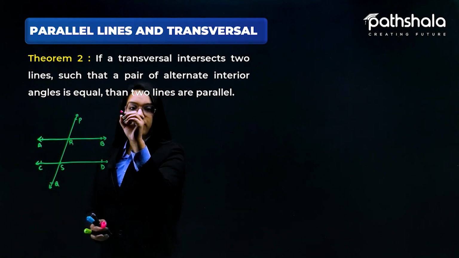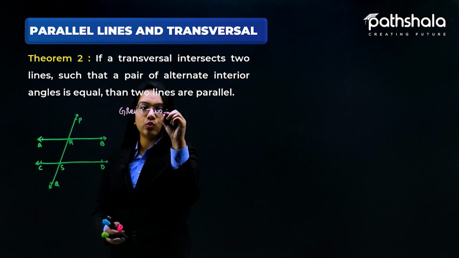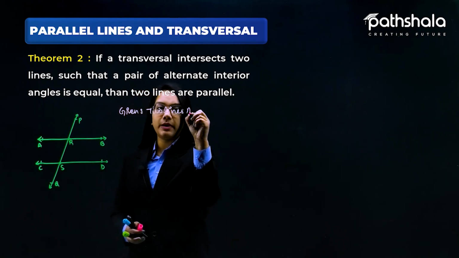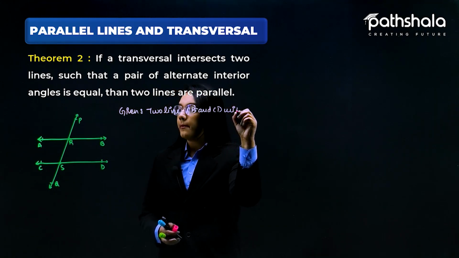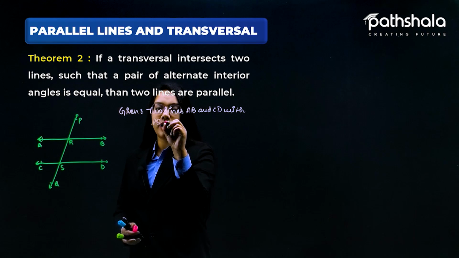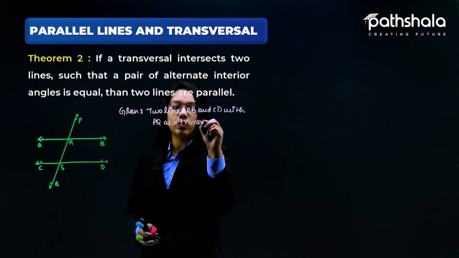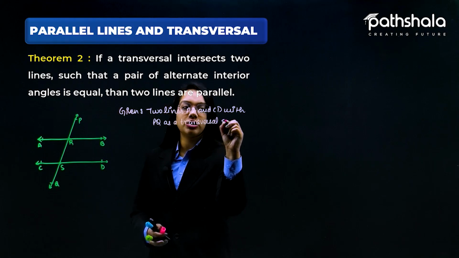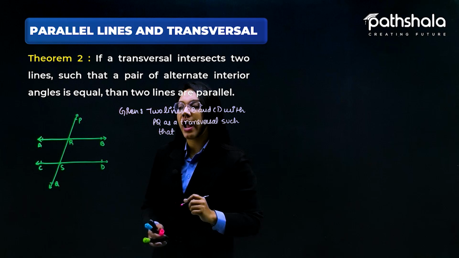Let me write the given condition: we have two lines AB and CD with PQ as a transversal, such that the alternate interior angles are equal.